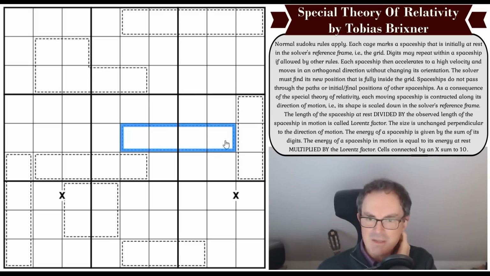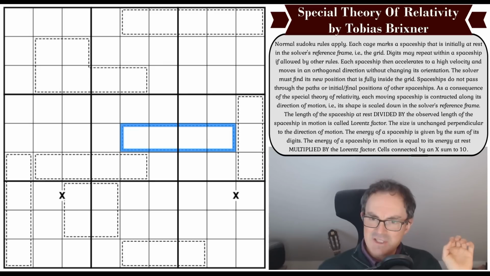So these are spaceships. They move around the grid, or they accelerate to a high velocity, and then we have to find their new positions. They contract when they go fast. The shape of them is scaled down.